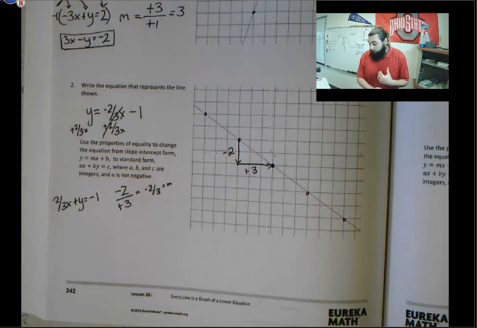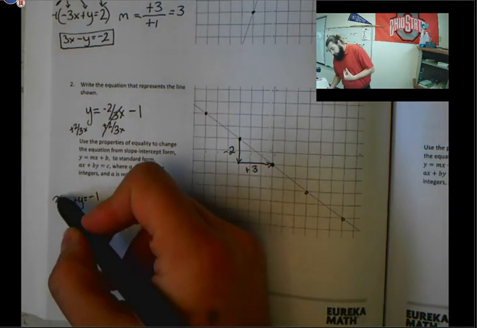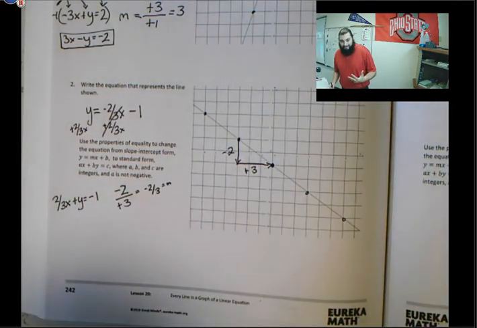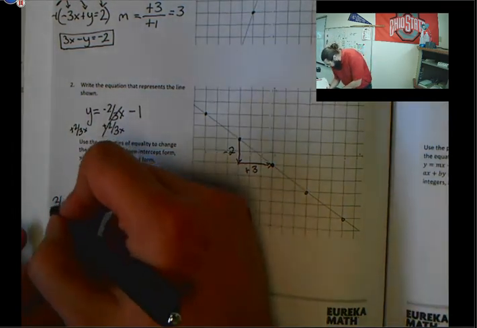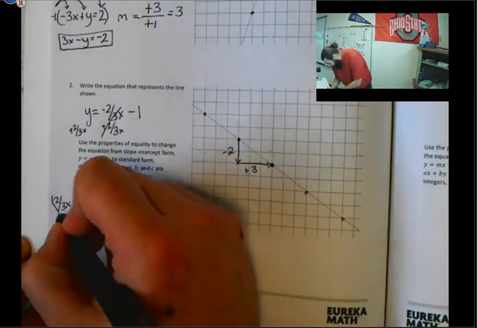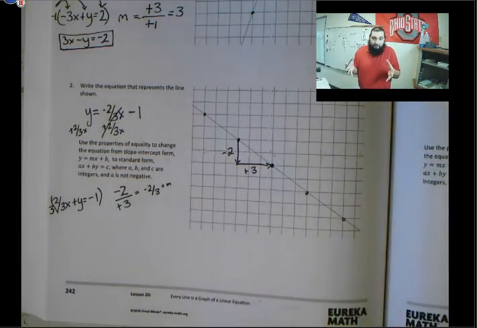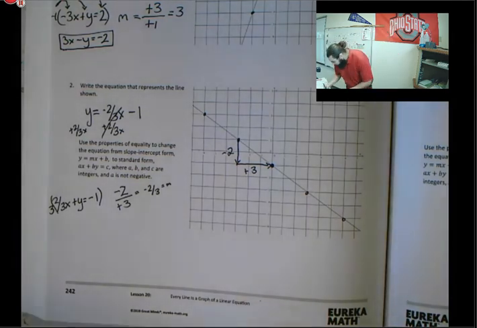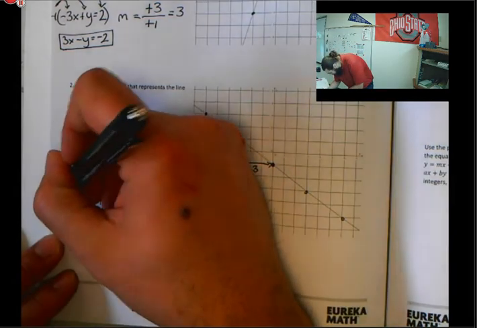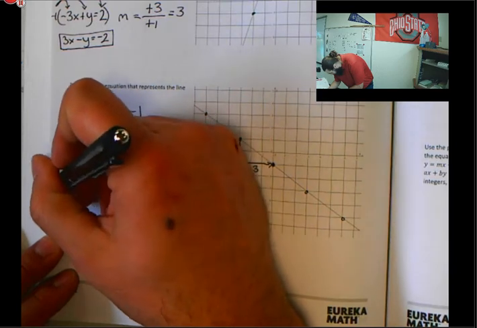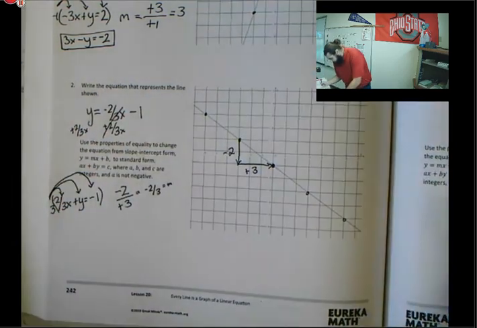So what we have to do is multiply by the denominator of the fraction. In this particular case, our fraction is 2/3, and our denominator is 3. So again, we're going to take the whole equation and multiply it by 3. The reason we're getting rid of the denominator is so that we no longer have a fraction. We just have a whole value. So 3 times 2/3, 3 times y, and then 3 times -1.